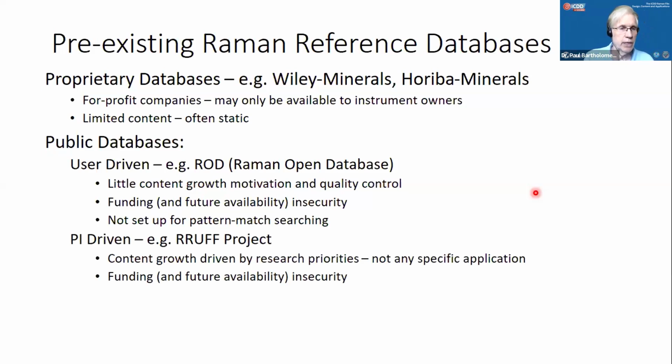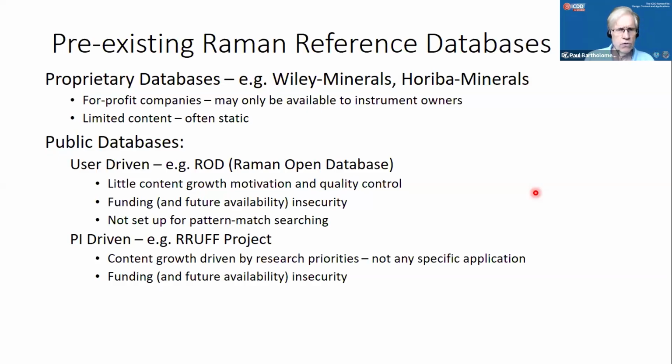Another one of the public databases, I label it as PI driven, the RRUFF project. The PI here is Bob Downs at the University of Arizona. He created and started this, and it continues to exist, even now that he's emeritus. Some of it's, I don't want to call it limitations, as you'll see in a moment.